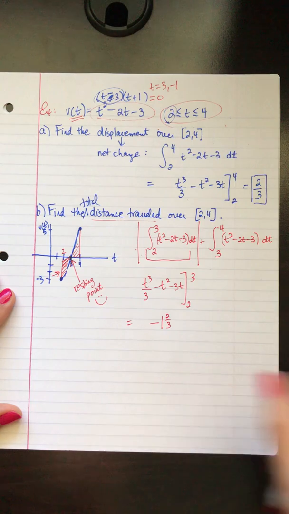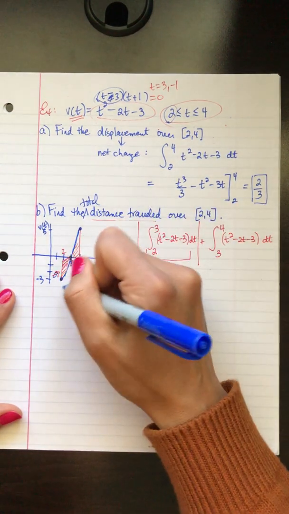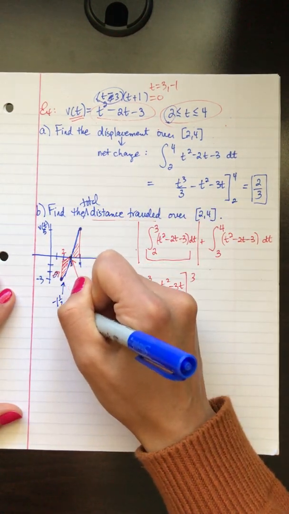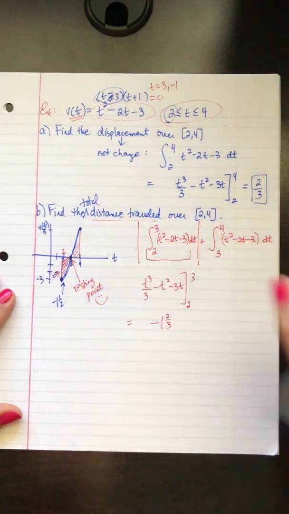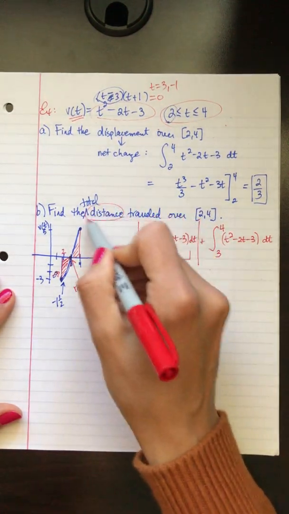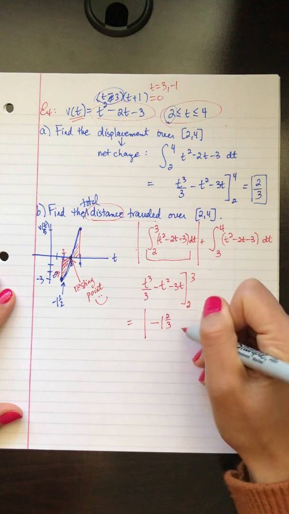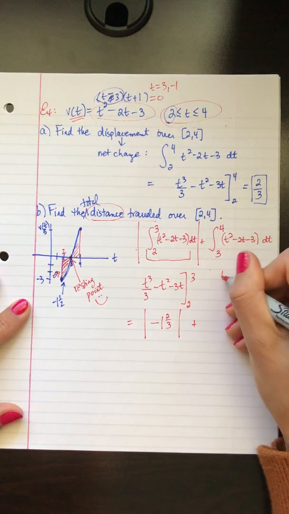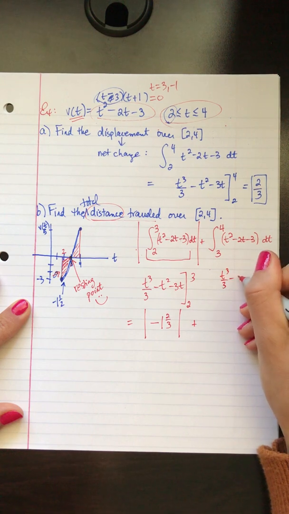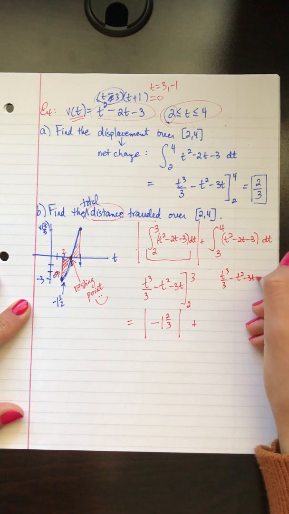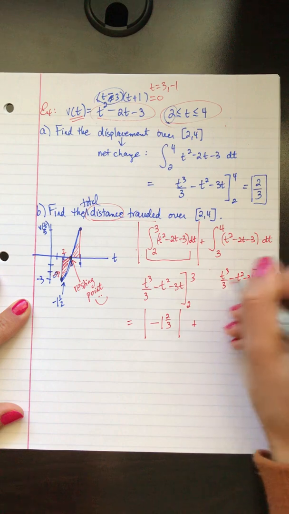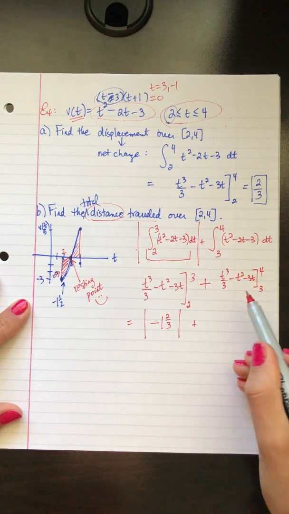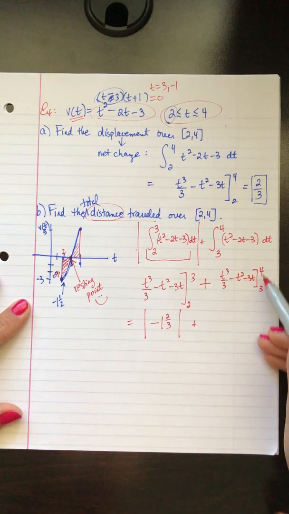For that area, you get negative 1 2/3 for this space. But because I'm asked for distance, I'm going to absolute value that part. Then I have to do the same thing here. I go t cubed over 3 minus t squared minus 3t, and I do my FTC from 3 to 4.